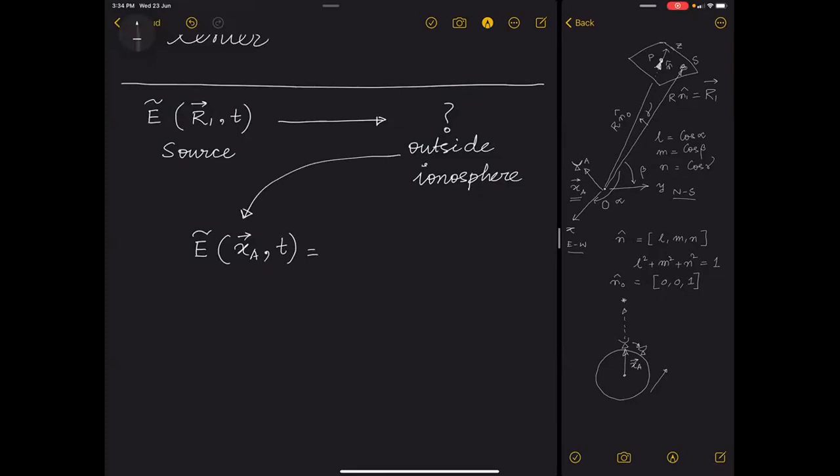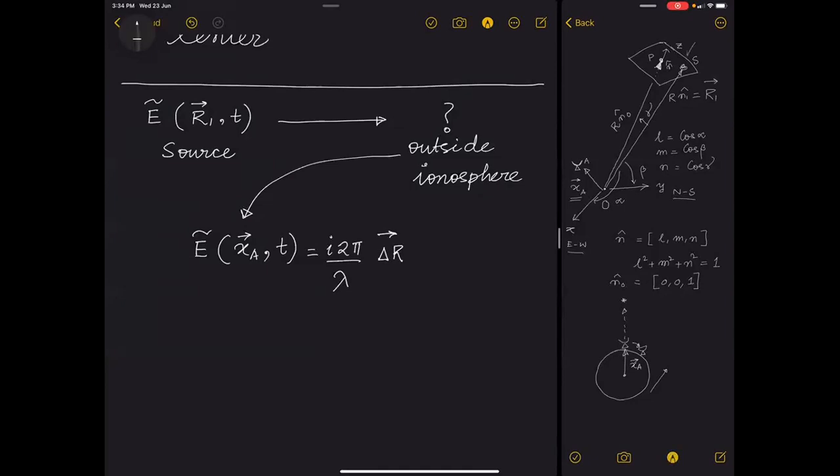What will it be? If I now carefully write all the terms in that propagation that we are discussing, it's coming from an area, say delta R, in the sky.